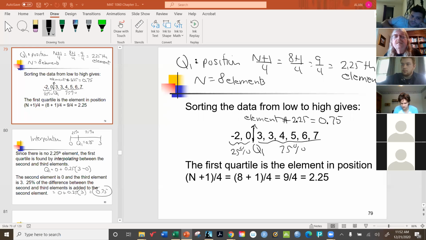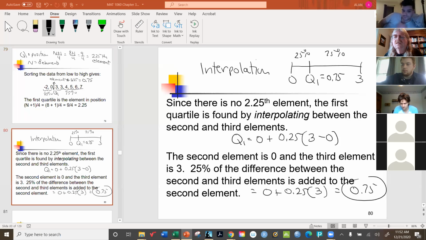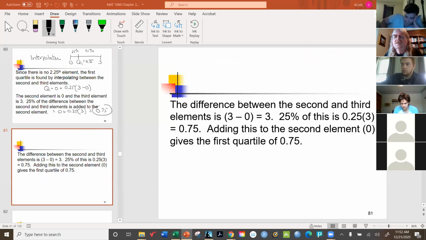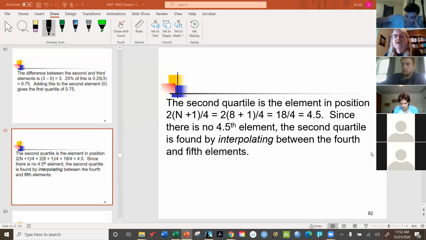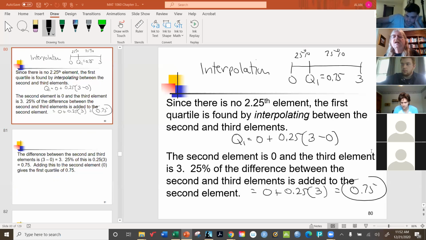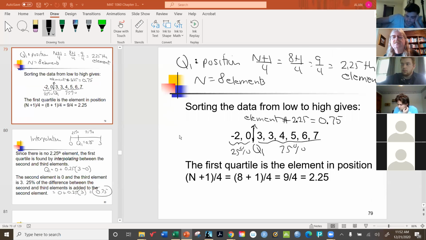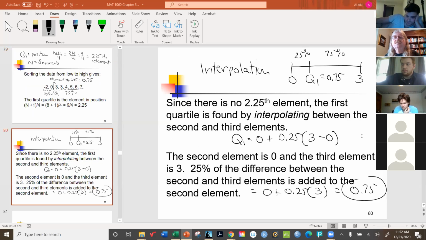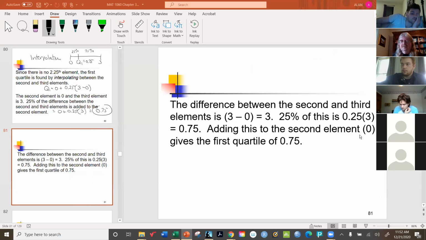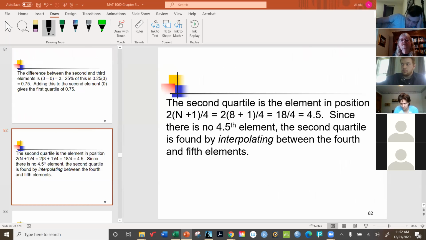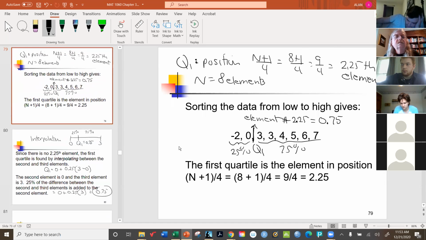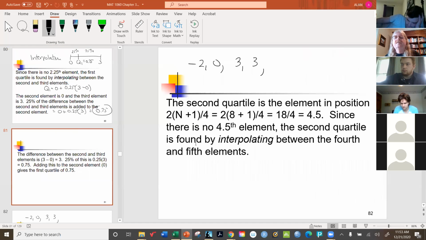So what about the second quartile? Okay. Now remember, let's get a copy of these numbers real fast. -2, 0, 3, 3, 4, 5, 6, 7.